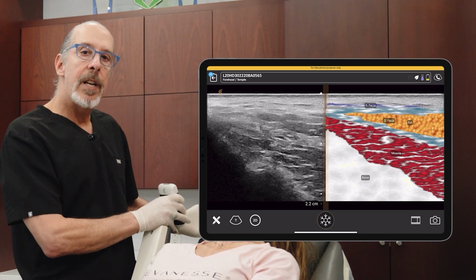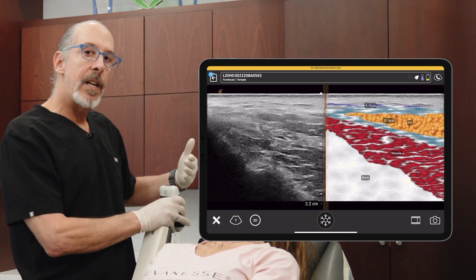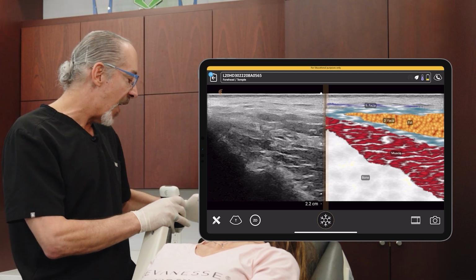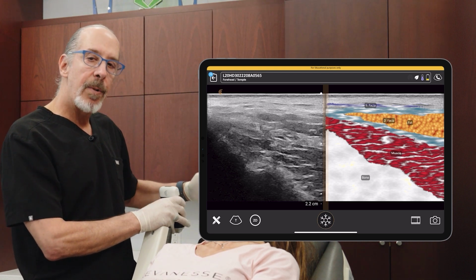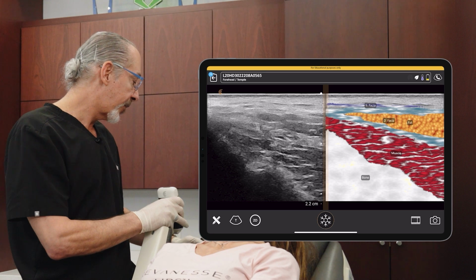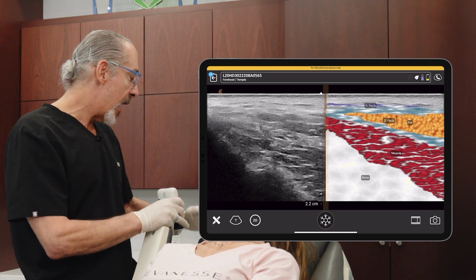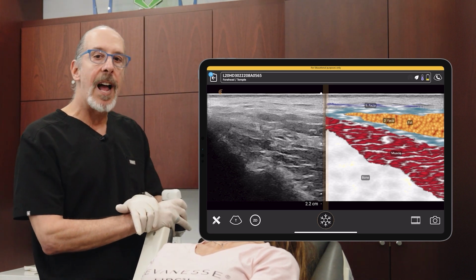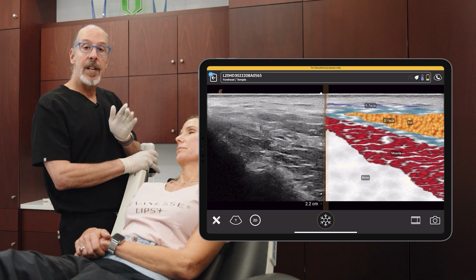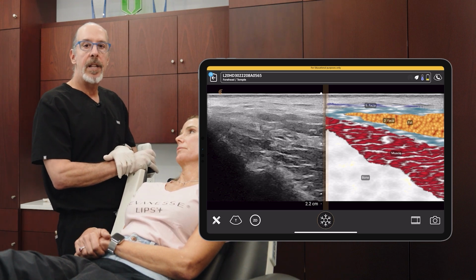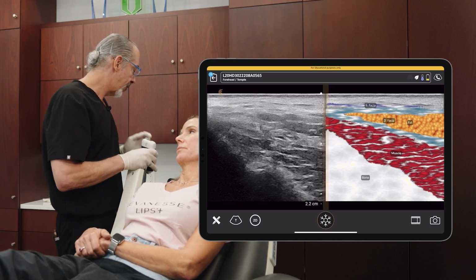So deeply you see the bone, then you see the muscle, then you see the fascial layer, then you see the fat, then you see a superficial layer of the deep temporal fascia, and then you see a purple layer, which is the interfascial plane. So the T mode is really good to help you navigate the anatomy of the temple.